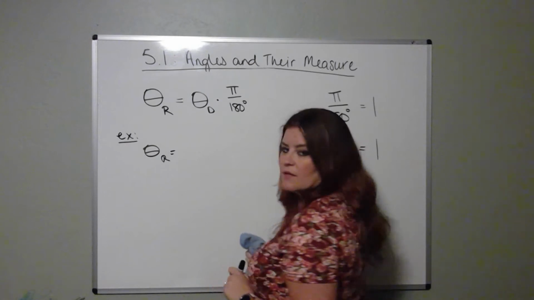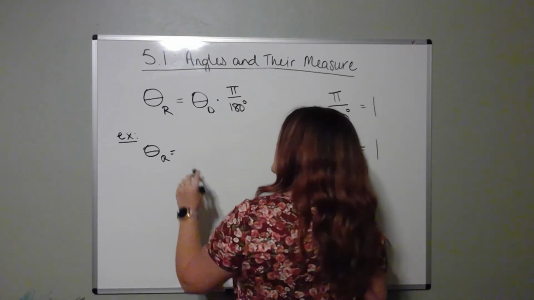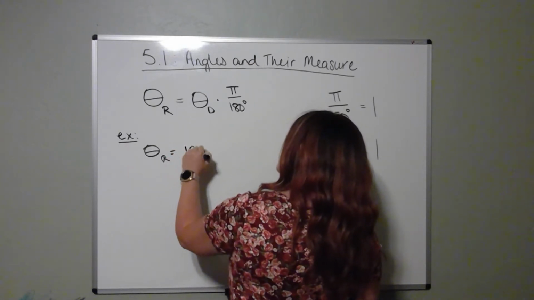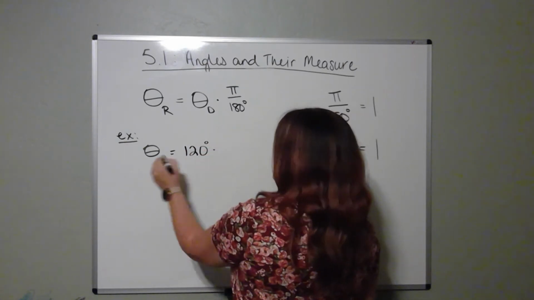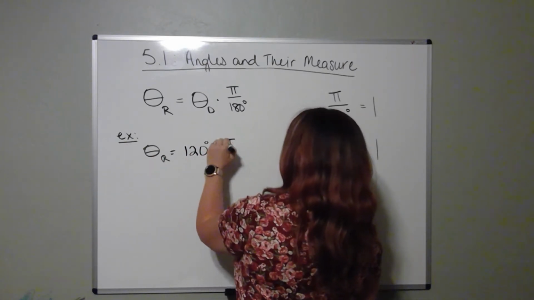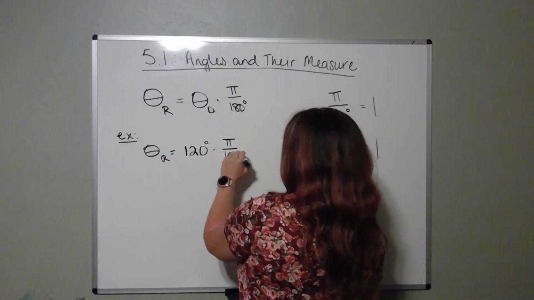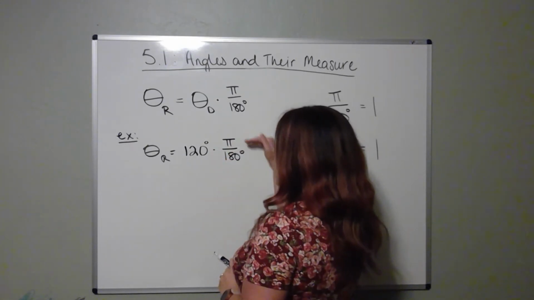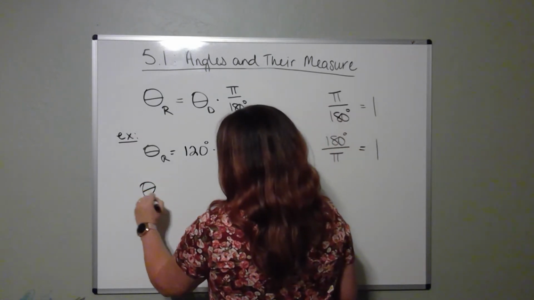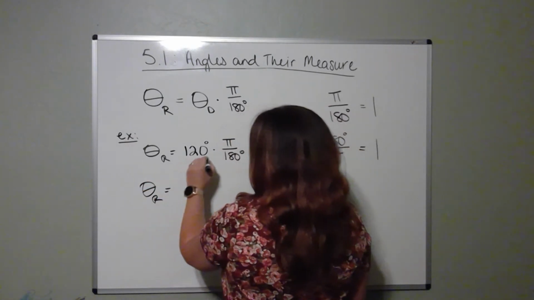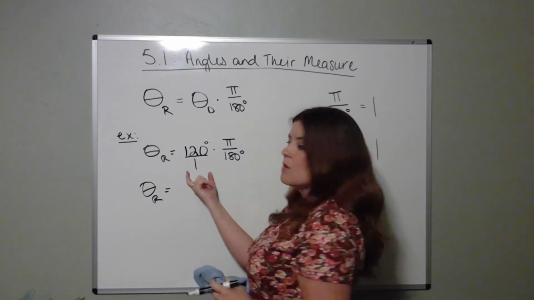So I'm looking for theta in radians, and the degree I'm going to start with is 120 degrees. So I'm going to take 120 degrees, and I'm going to put it into radians. If I take that 120 degrees, and I multiply by pi over 180, let's see what happens. Well, this degree measure is always on top, right?